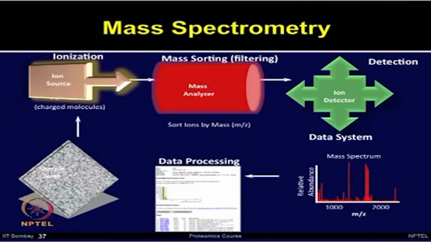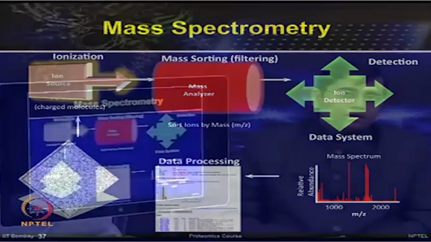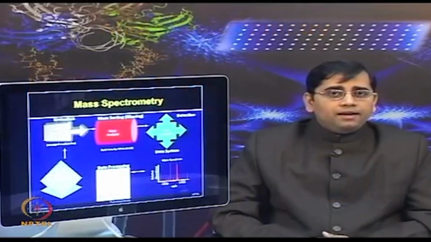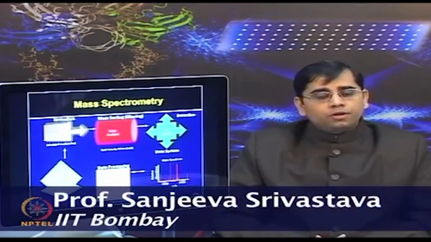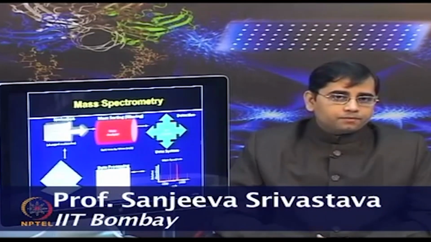The different components of mass spectrometry: the ionization source is one of the major components of any mass spec instrument, which fragments the sample into ionic forms for further detection. Matrix-assisted laser desorption ionization and electrospray ionization, ESI, are commonly used for protein sample analysis.